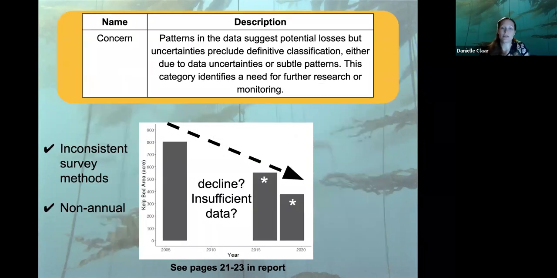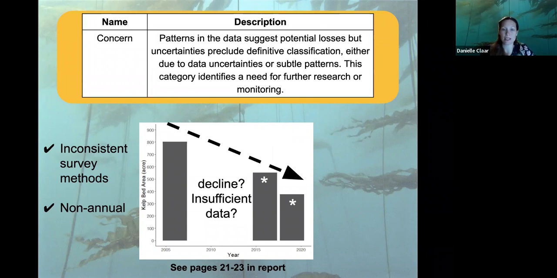For concern, we have patterns in the data that suggest potential losses, but there are some uncertainties that preclude definitive classification, either due to uncertainties within the data or subtle patterns. So this category really identifies a need for further research or monitoring. And here's an example right here. What looks like a very clear decline in this location is actually a little bit less clear when you dig into the data.